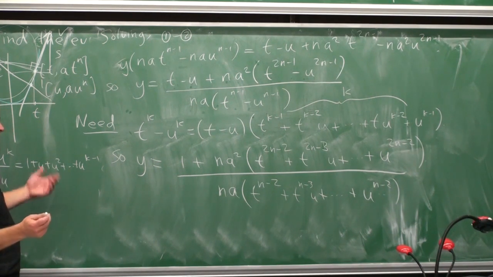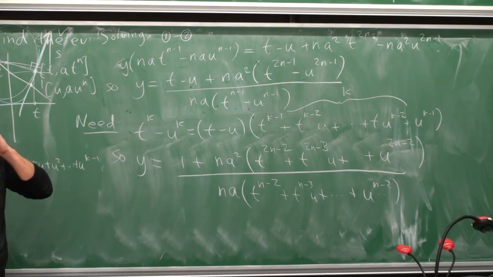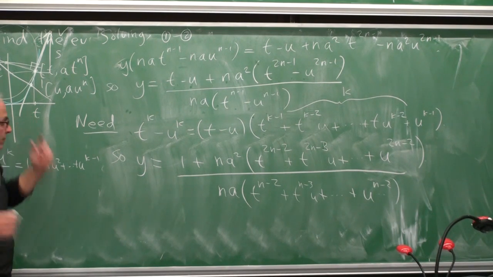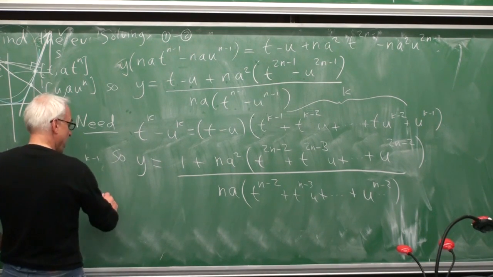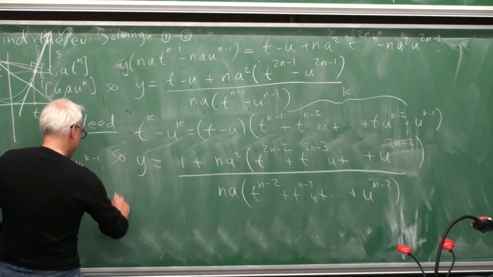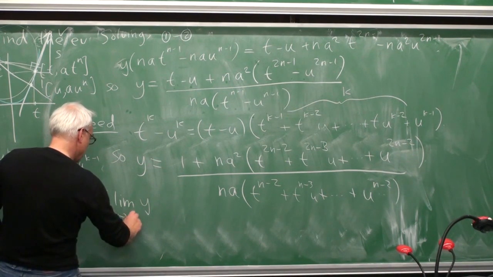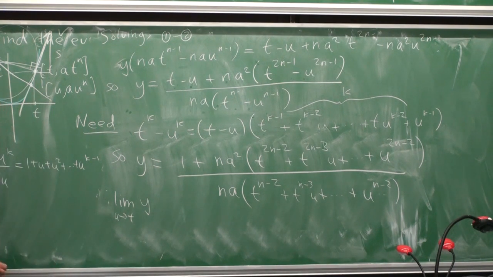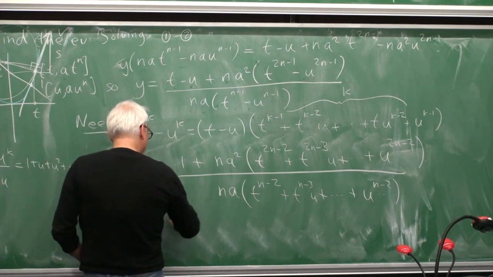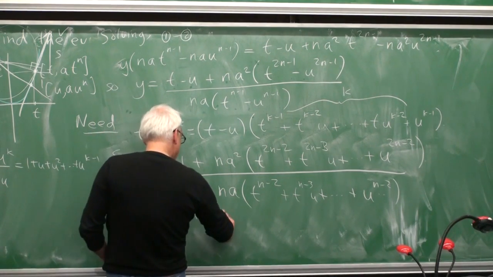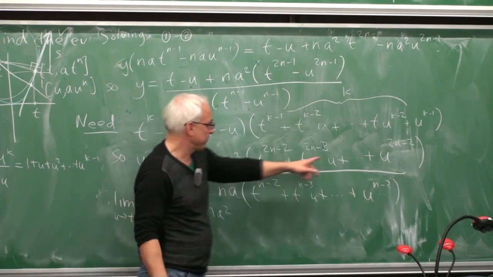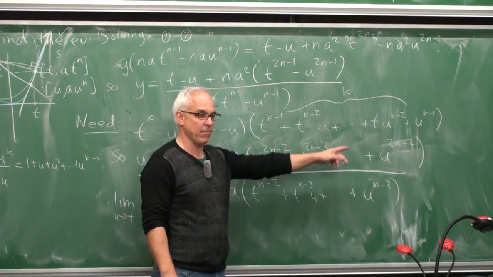All right, now we can let t approach u. And we can say what we get. So now the limit of y as, say, u approaches t, we'll do everything in terms of t. What's going to happen? We're just going to set all the u's equal to t's. So we get 1 plus na squared. What's going to happen here? All these terms are going to be exactly the same.